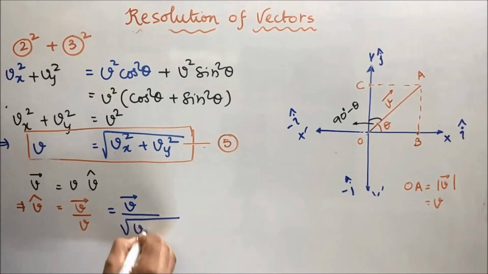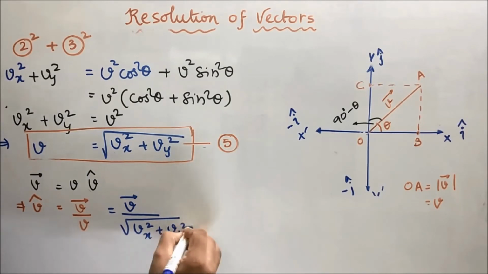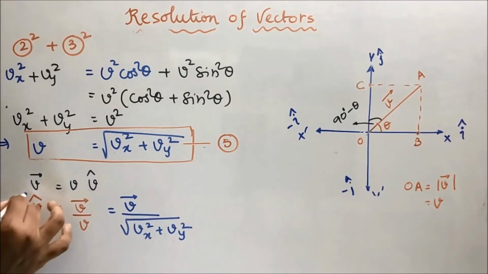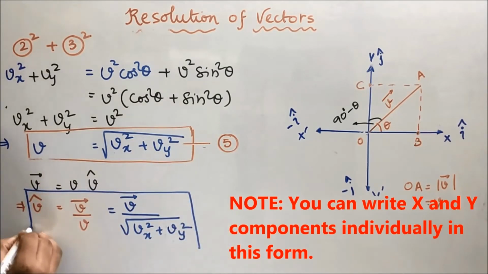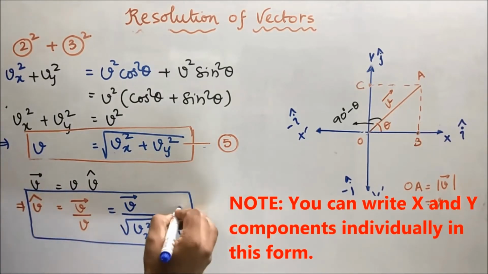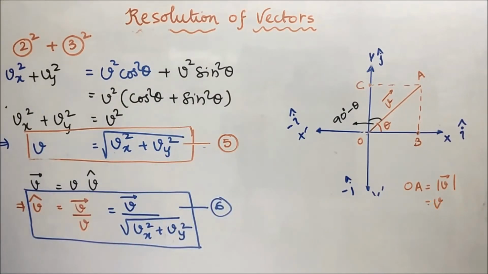Magnitude of v is under root Vx square plus Vy square. So this is also an important derivation. So in total we have written 6 equations. I hope you have understood them. So let me write the important conclusions one by one for you.